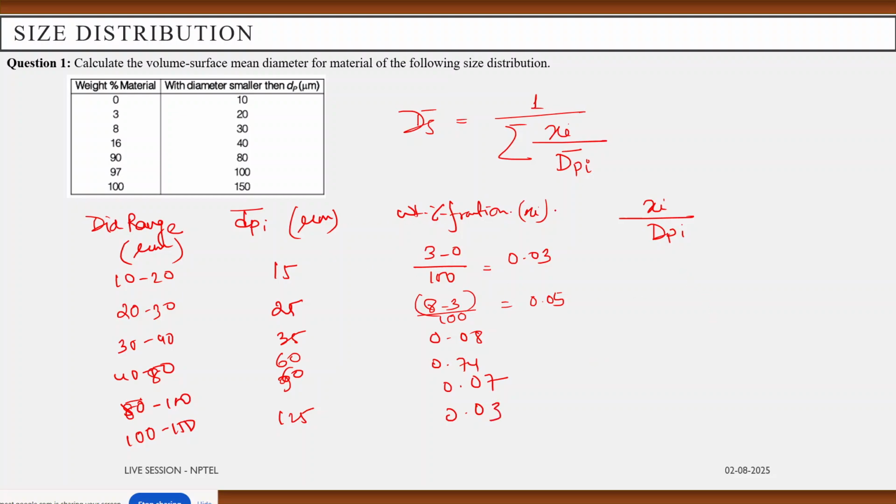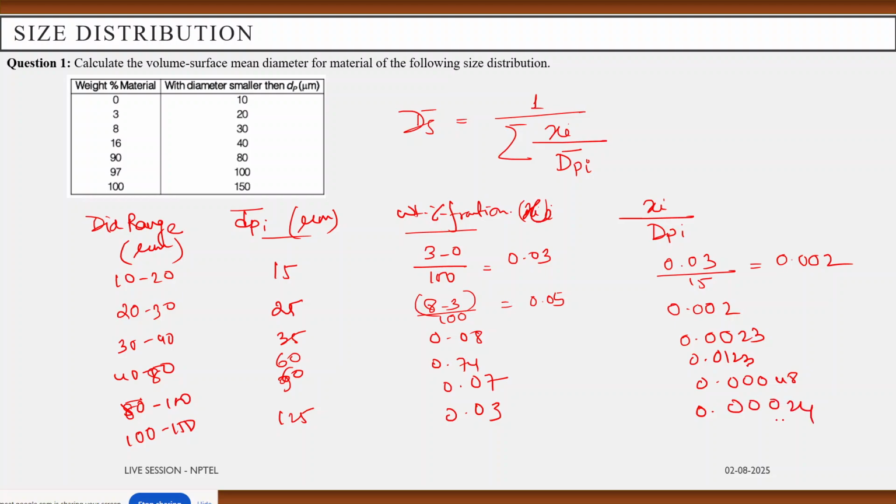So you can just simply do xi by dpi. You will get the data 0.03 by 15, 0.002. In that way you calculate all the data and it will look like this. The summation will be of xi by dpi.